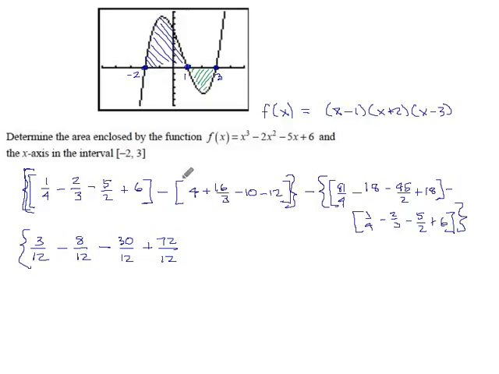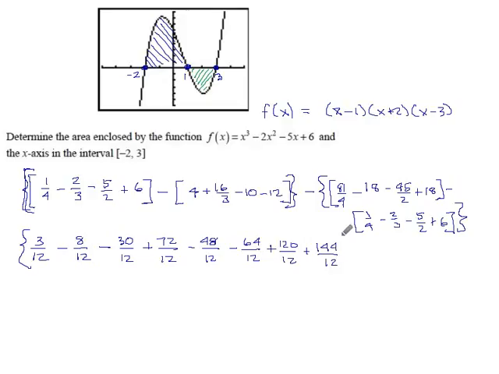And then we have minus 4, meaning minus 48/12. All right, that's an 8. We have minus 16/3, which is minus 64/12. We have plus 10, which is plus 120/12. And then we have plus 12, which is plus 144/12.